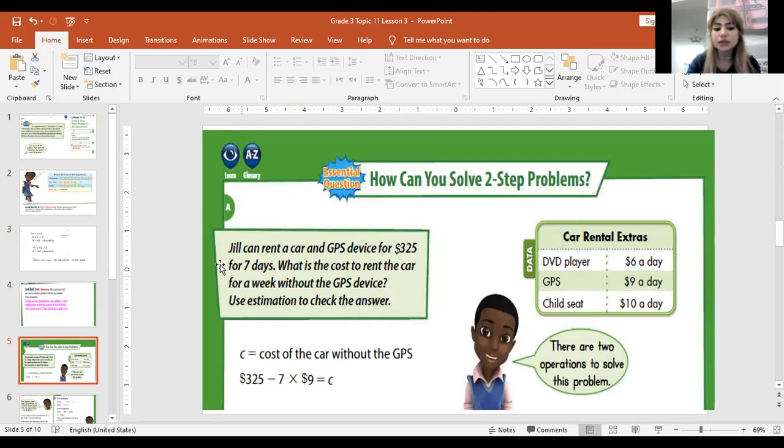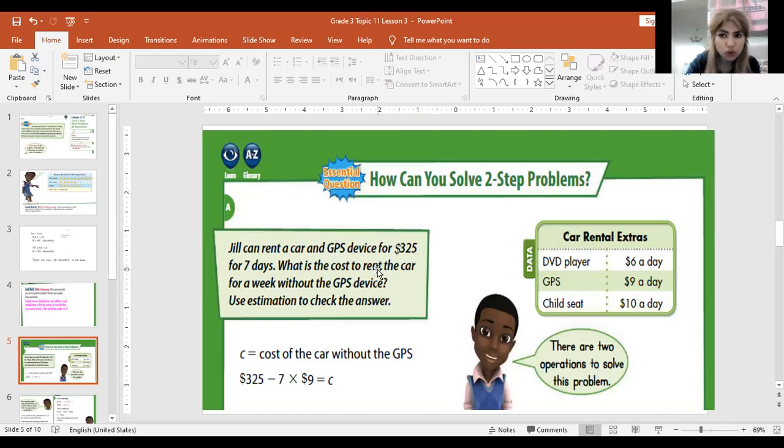In this lesson, the question is: Jill can rent a car and GPS device for $325. So the first number I will extract is $325. For how many days? 7 days. So I think I'm going to multiply these two numbers later. Let's see.